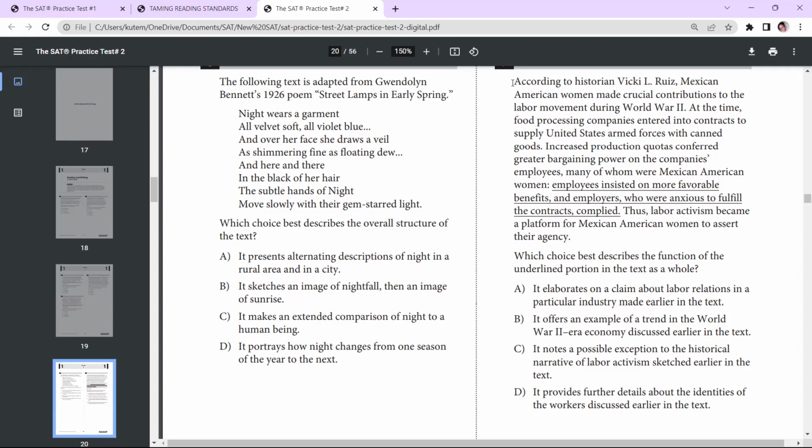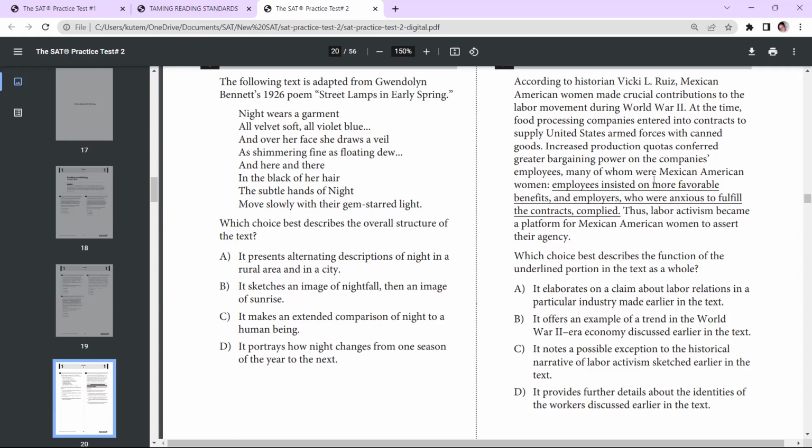This is basically the topic, the women's contribution. At the time, food processing companies entered into contracts to supply the US with canned foods. So there's canned food being prepared, increased production, greater bargaining power, many of whom were women.